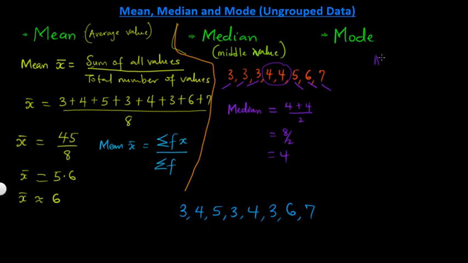So mode here is equal to 3. Also, we can say the number with the highest frequency. That is what we call the mode, the number with the highest frequency.